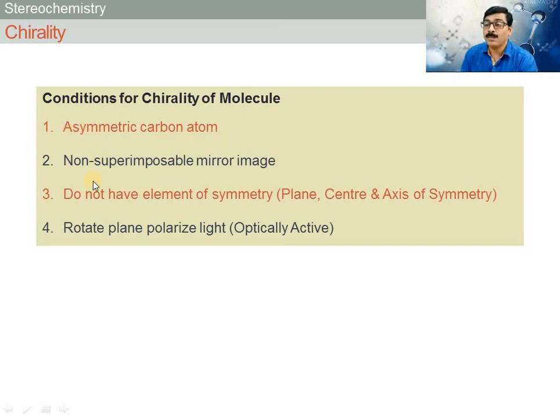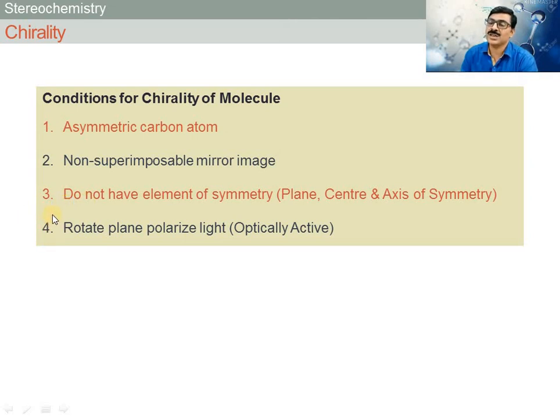It can form a non-superimposable mirror image. This is the second condition. The third condition: it does not have an element of symmetry. Means plane of symmetry, center of symmetry and axis of symmetry are absent, then it is chiral.